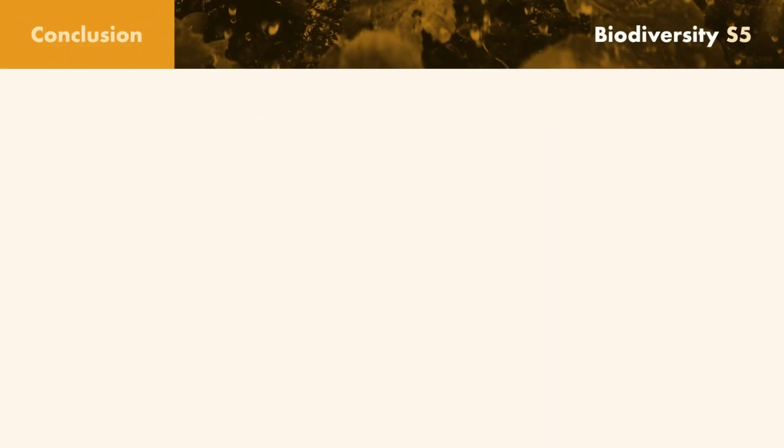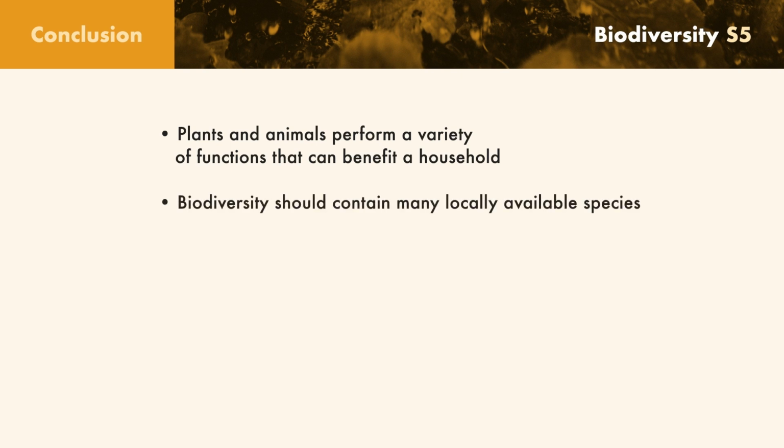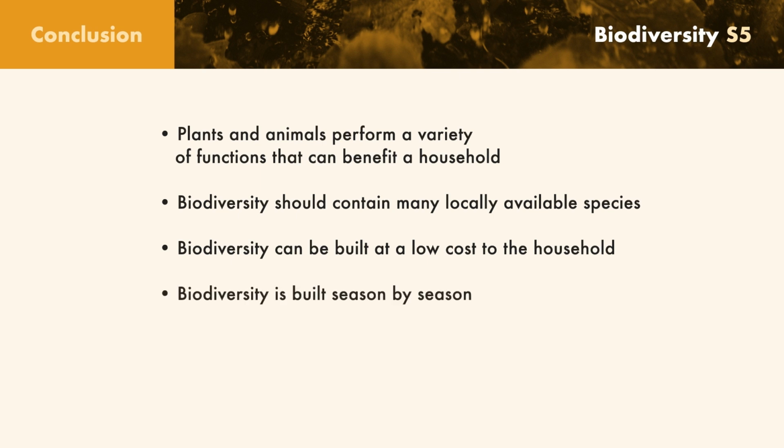In conclusion, plants and animals perform a variety of functions that can benefit a household. The biodiversity in a permagarden should contain many locally available species. Biodiversity can be built at a low cost to the household through saved and collected seeds and cuttings from neighbors and wild areas. Households can build the biodiversity on their compounds season by season.